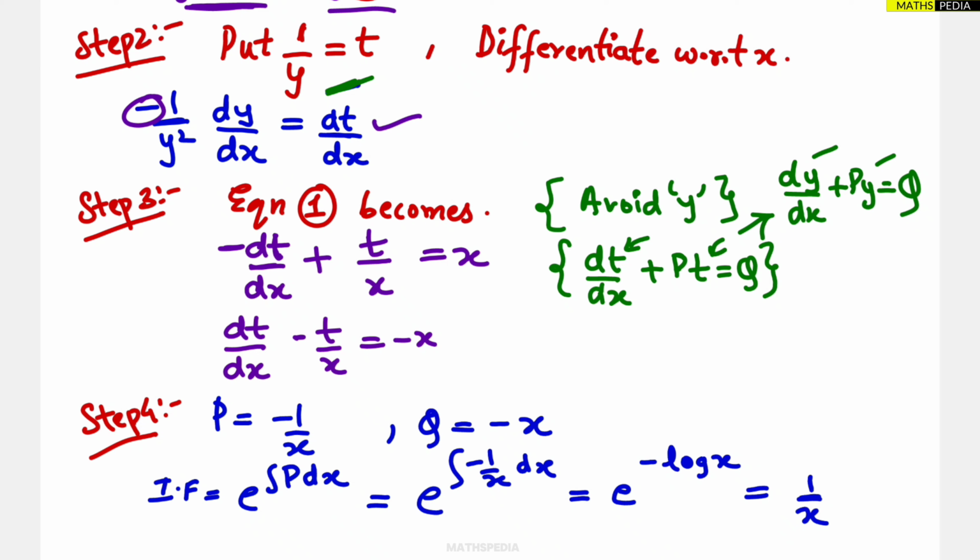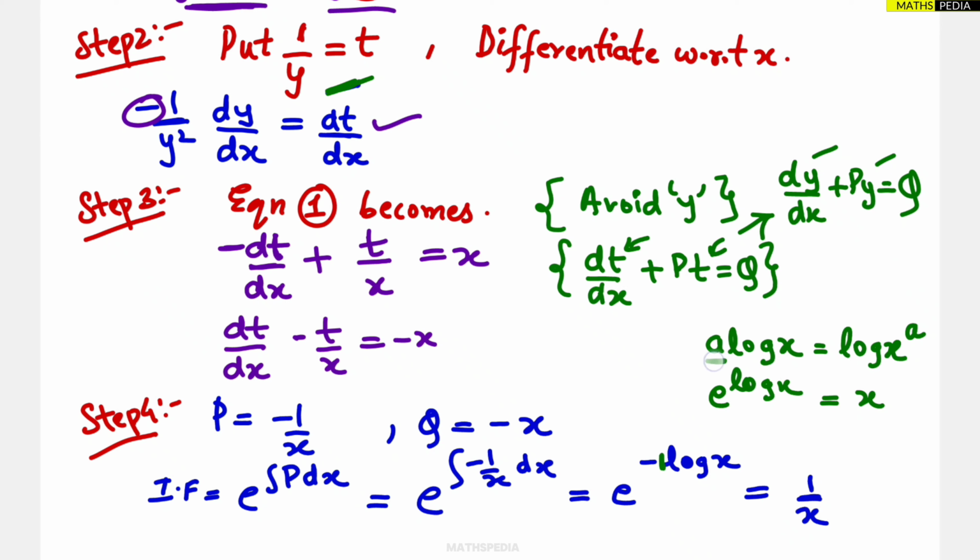Now how I got 1 by x? That is the question, right? I'll explain this part. This is minus 1 sitting over here. We have studied that a log x is equal to log x power a. One more thing we have studied, e power log x is equal to x itself.